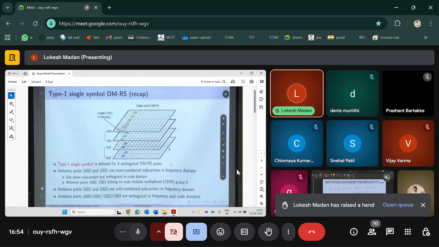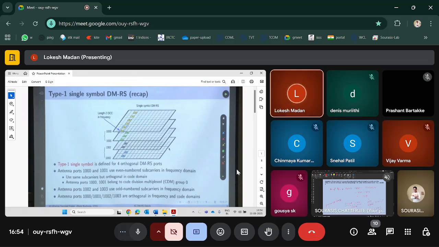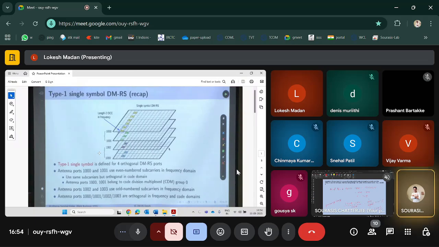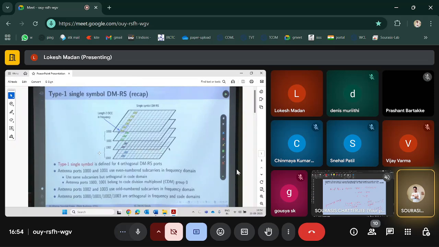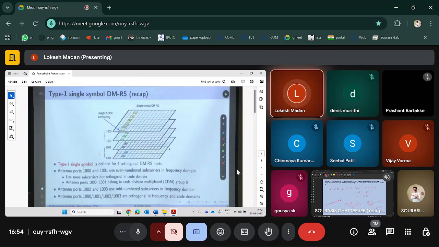That means by default it will have two CDM groups. But in the next question it is saying we have to assume only one CDM group. That is a little bit confusing, because it's a violation of the standard. By default it can't have one CDM group, it has to be two to have the 4 orthogonal DMRS ports.